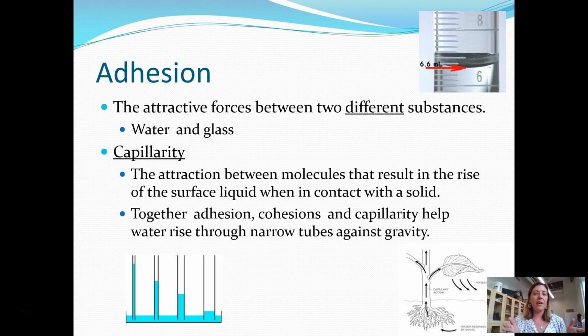Adhesion and capillarity is basically, like you can see down here, these are capillary tubes. Adhesive forces sometimes are actually stronger than the water molecules' cohesive forces. So it allows water to climb up the sides of these glass tubes rather than just sit there.